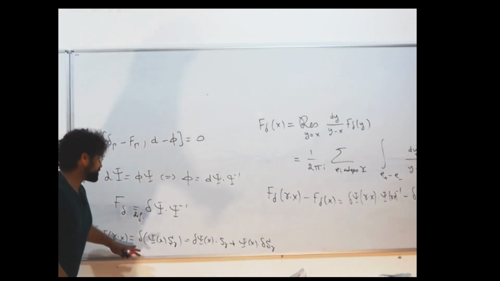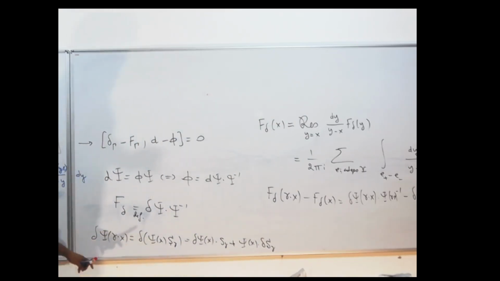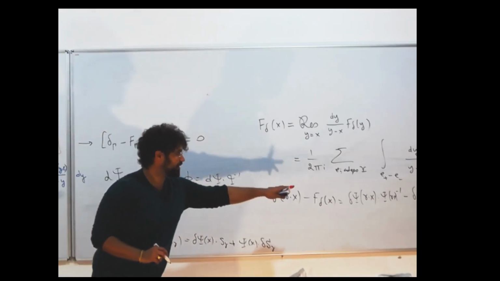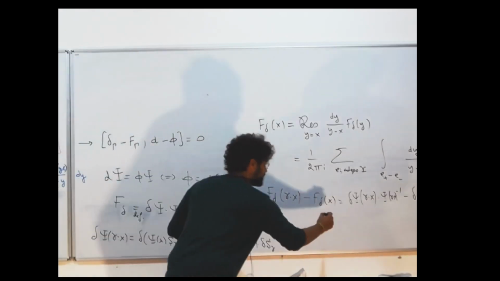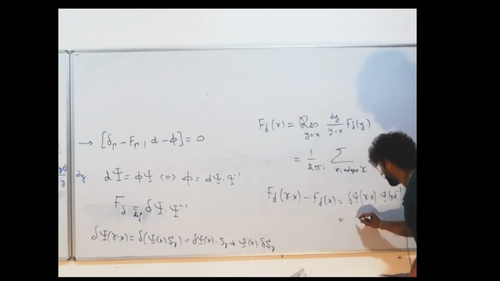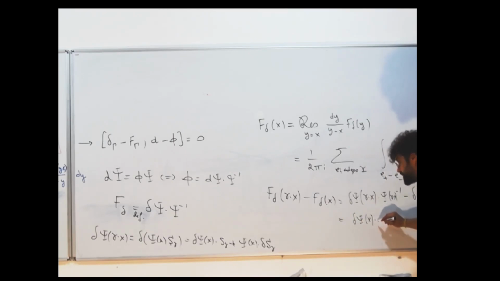Okay, so if you multiply this by psi of gamma dot x inverse, right? So you get delta psi x times psi x inverse, which will cancel with this one.